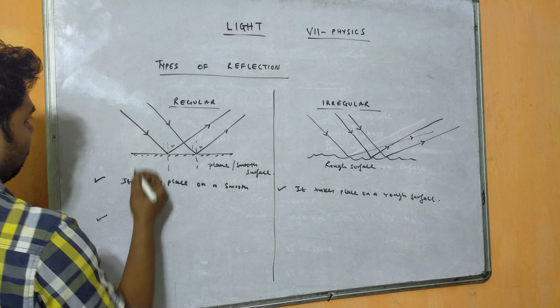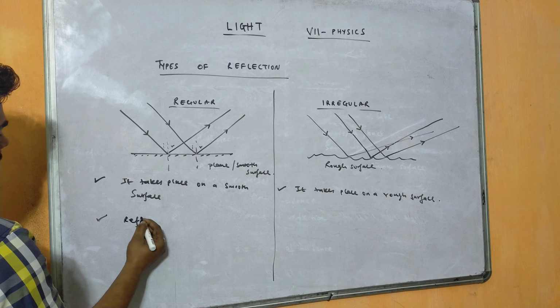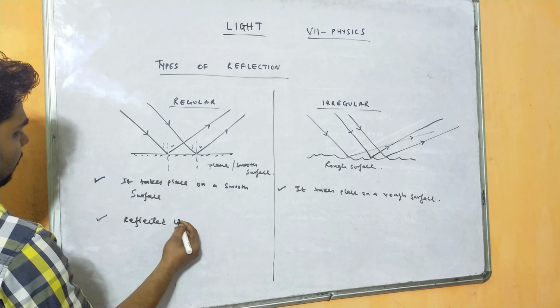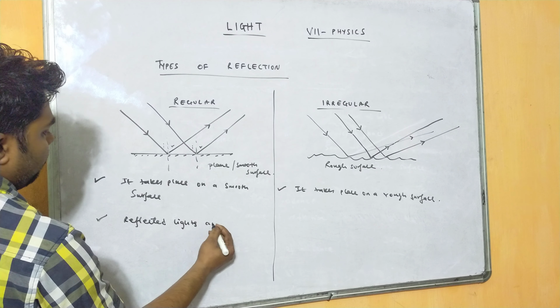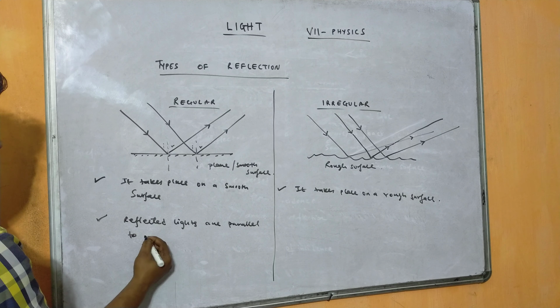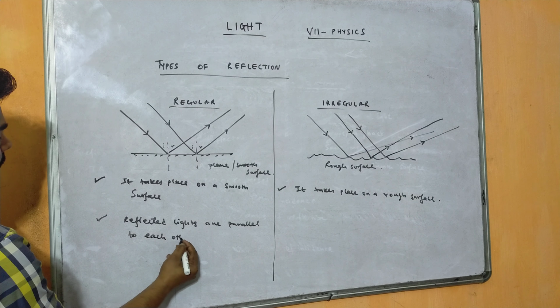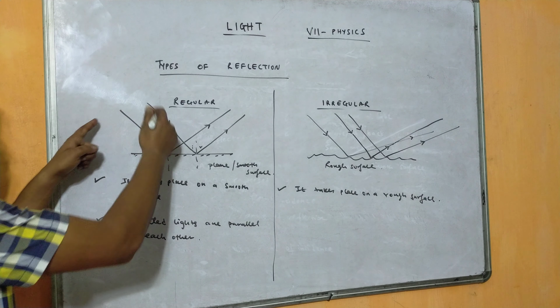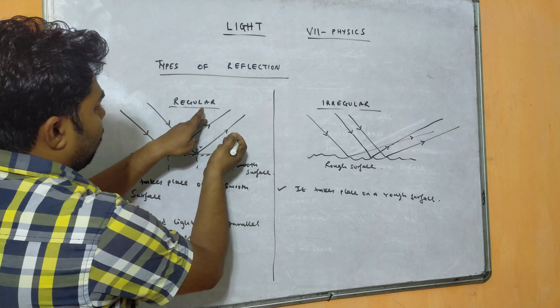Here the reflected lights are parallel to each other. You see, the incident lights are parallel to each other, and the reflected lights are also parallel to each other.